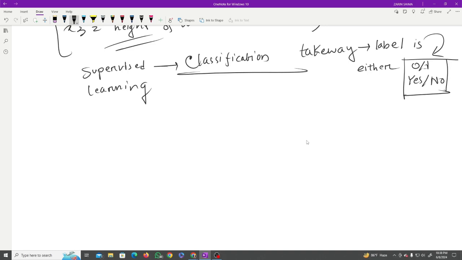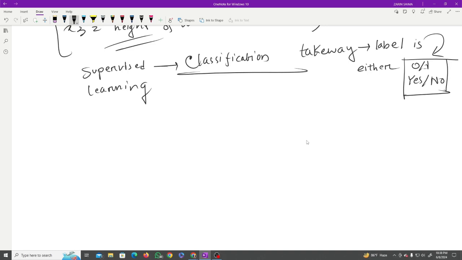You don't have a number for that. You can only have two options, either this or that: dog or cat, lily or tulip.